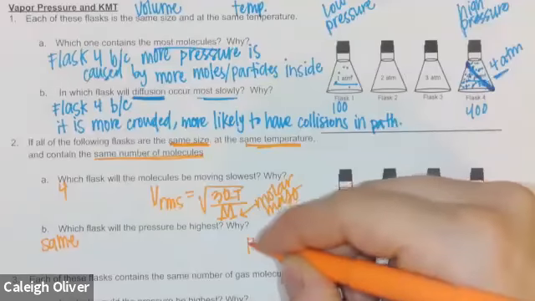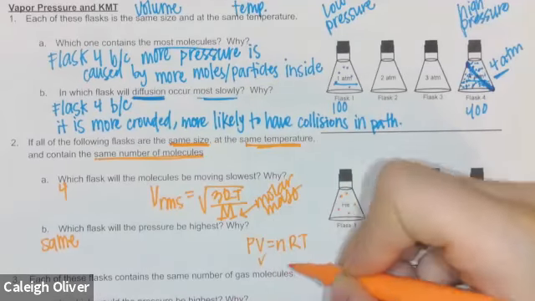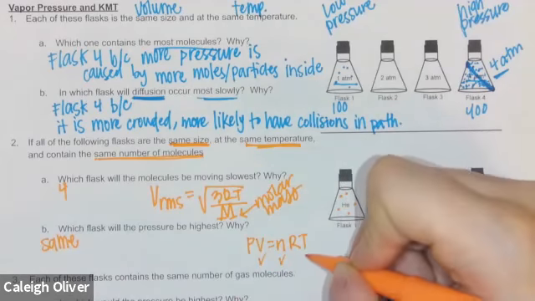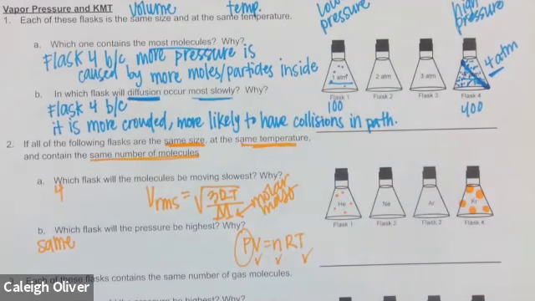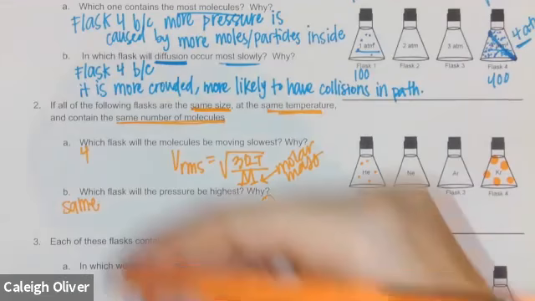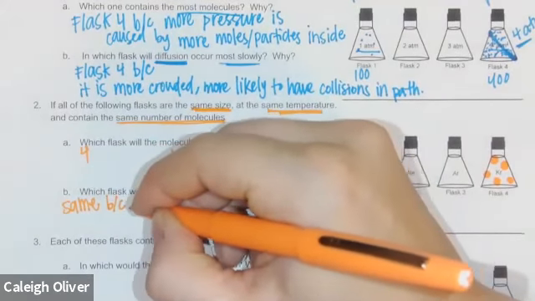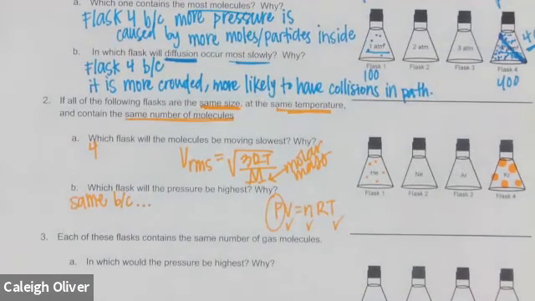Well, PV equals nRT. We have the same volume, same number of moles, same temperature. They're all going to have the same pressure. So same, because... write me out an explanation there.